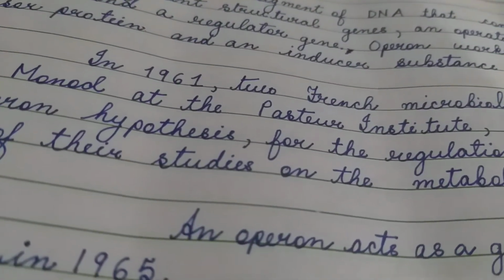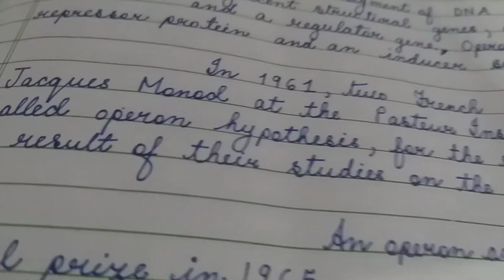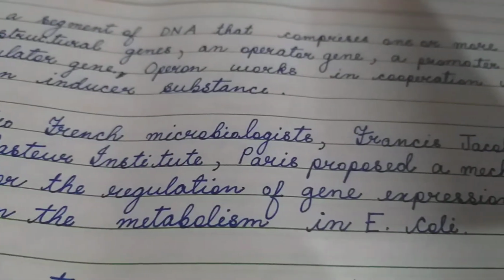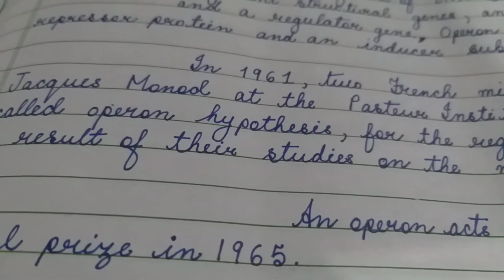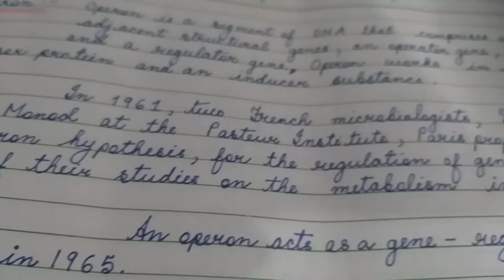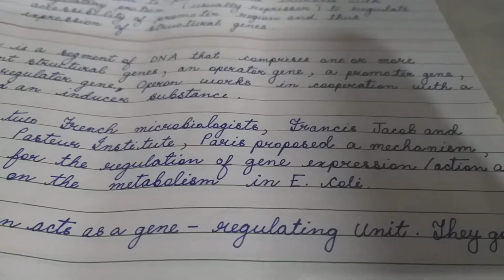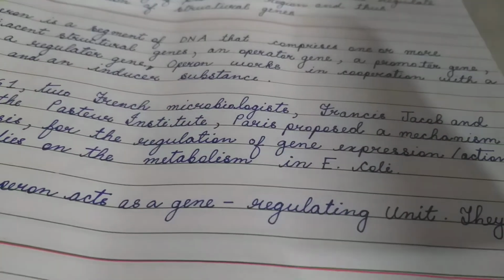In 1961, two French microbiologists, Francois Jacob and Jacques Monod, at the Pasteur Institute, Paris, proposed a mechanism called the operon hypothesis for the regulation of gene expression, as a result of their studies on metabolism in E. coli.